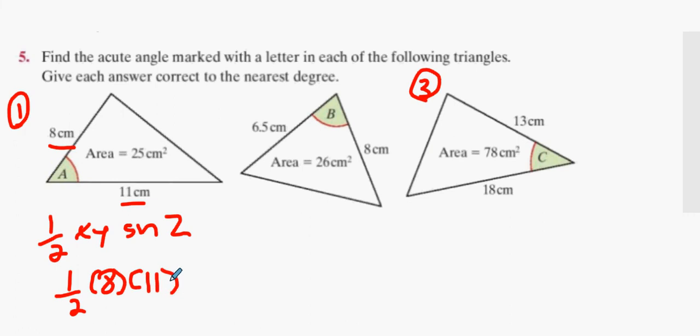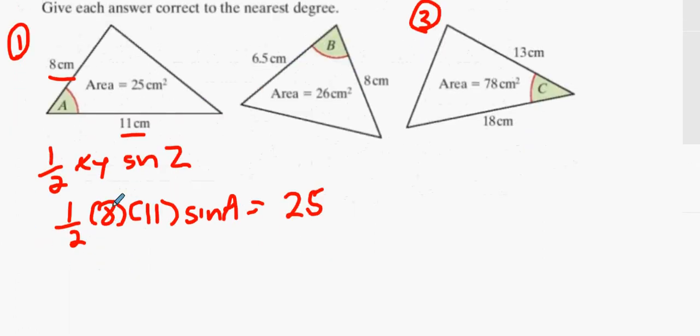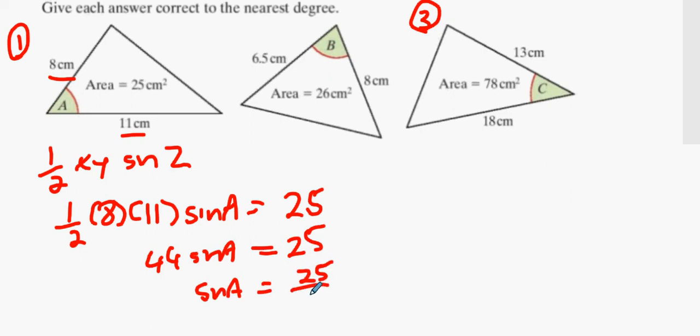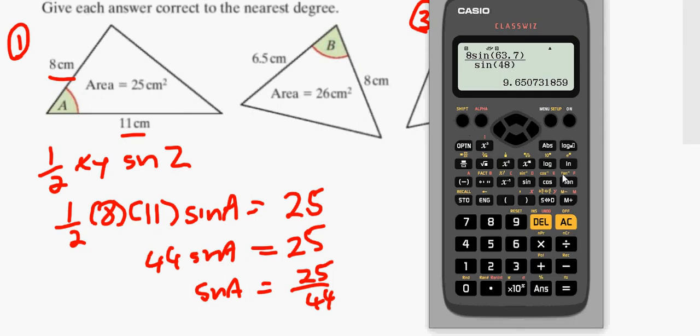Z is the angle in between, so we'll call that A, and that equals 25. 8 times 11 is 88, so it's 44 sine A equals 25. Sine A therefore is 25 over 44, and if you sine inverse that, you'll get 34.62.